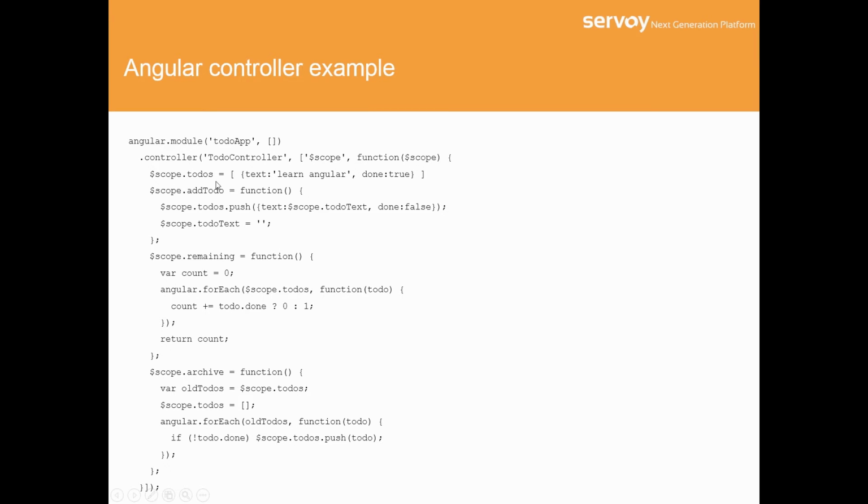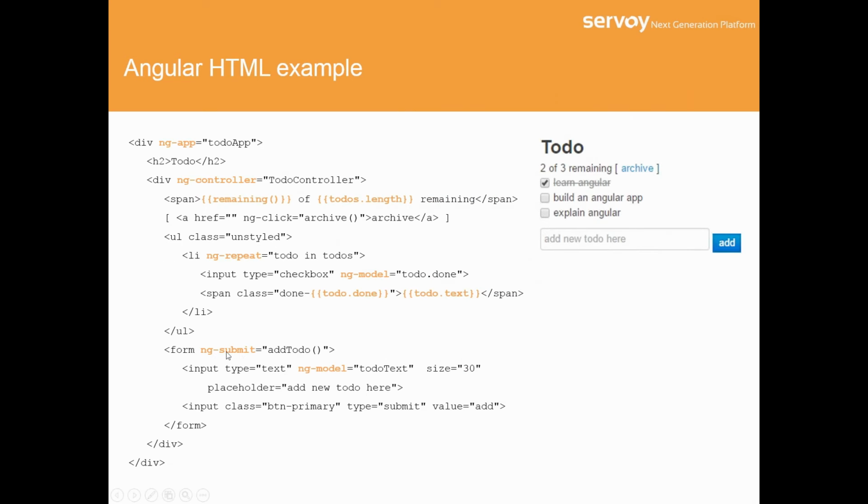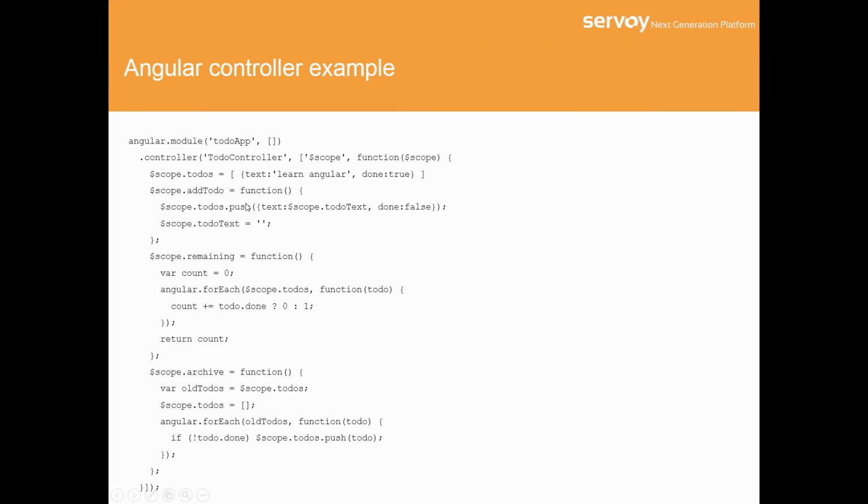Here's the array of to-dos. In this case, there's only one item in it by default. There's the addToDo method that was bound to the submit button, which will just push a new to-do into the to-dos array. Then we have the remaining function that was called to figure out how many open to-dos there are.